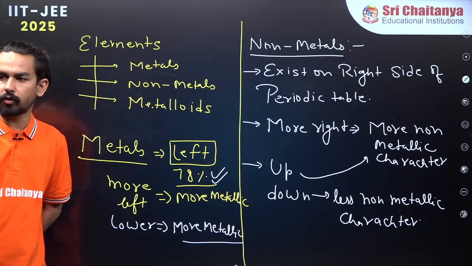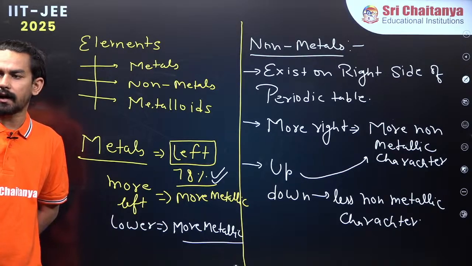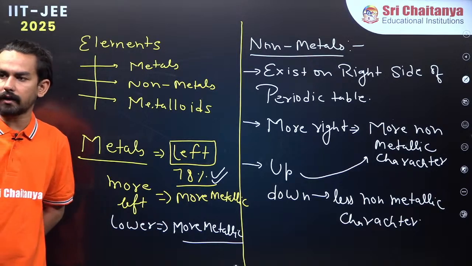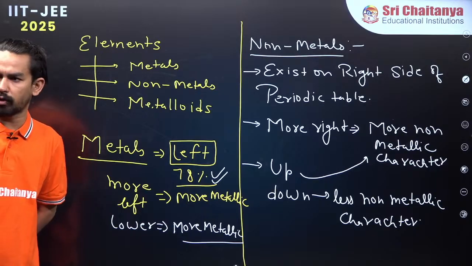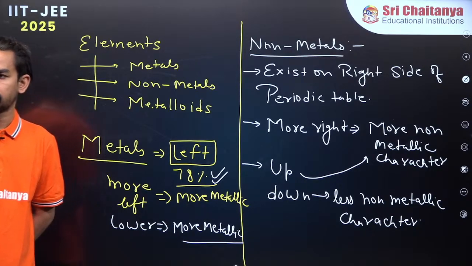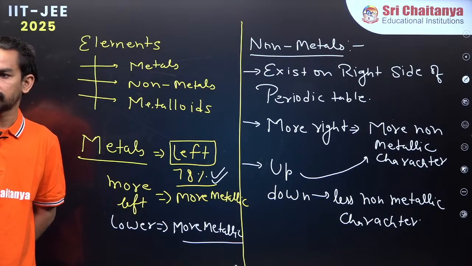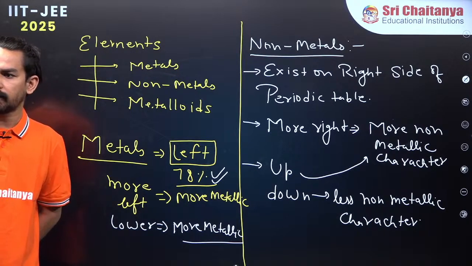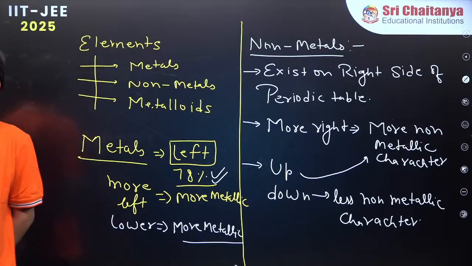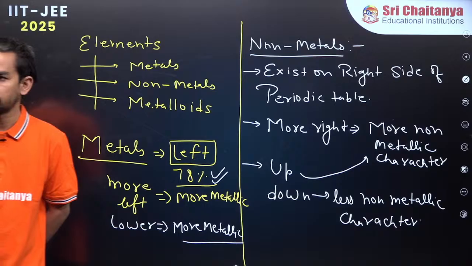Gases are obviously non-metals. Metals form cations, to be more precise. Noble gases are obviously non-metals because they are on the rightmost. The percentage of non-metals you can calculate. Just now I will show you the diagram, where you can calculate very easily.